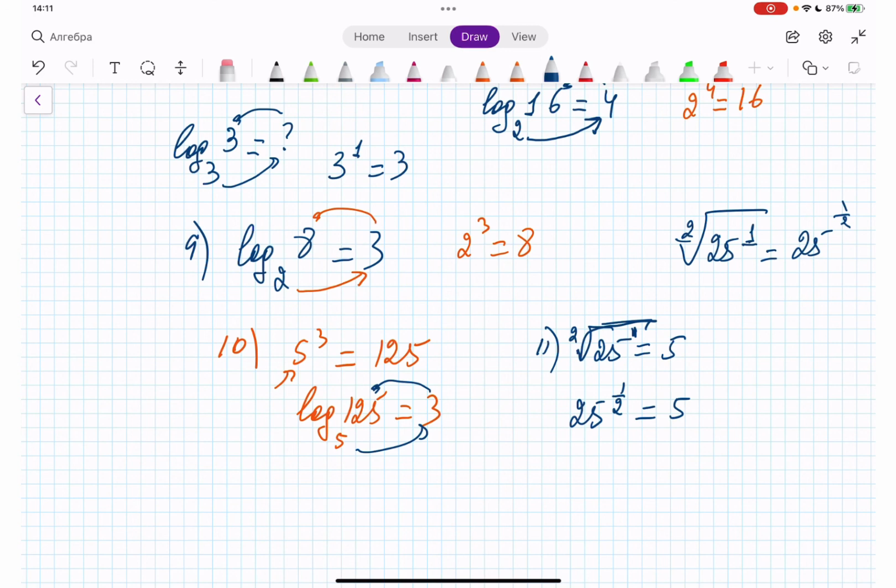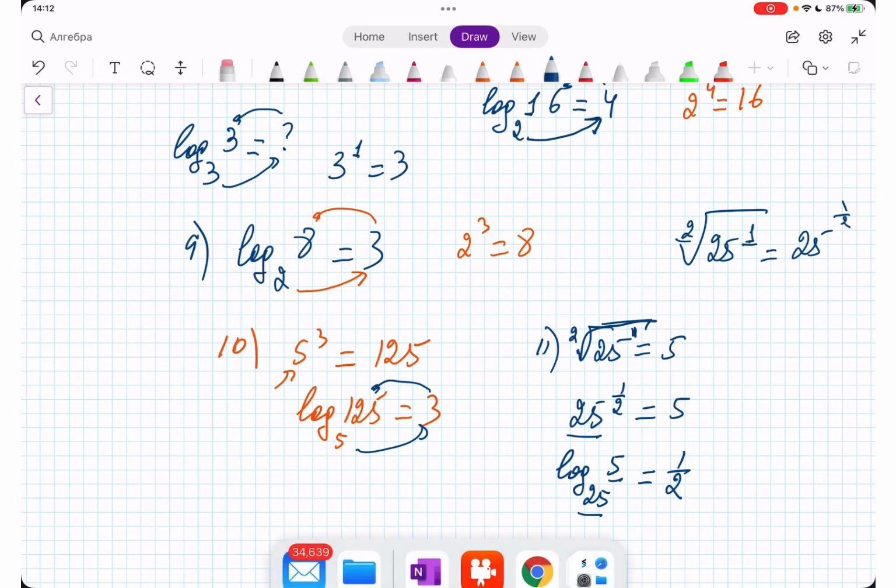So which means logarithm 5 by base 25. Every time when you see the base is greater than the result, you can be sure that the exponent is going to be fractional. Because to get from a bigger number a smaller one, you have to raise to a fractional exponent, correct? Okay, let's write it down now.